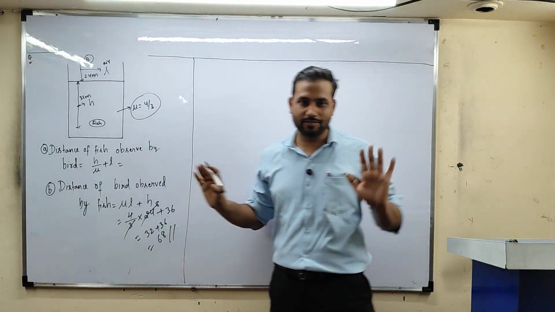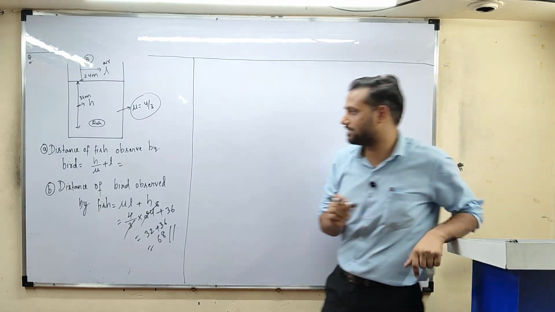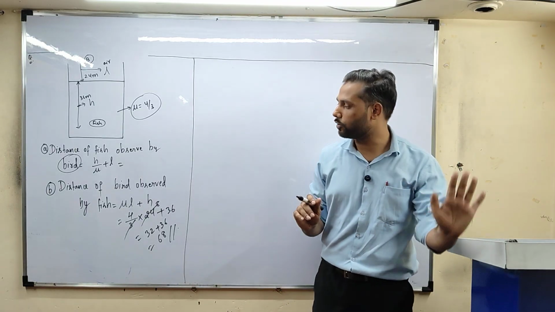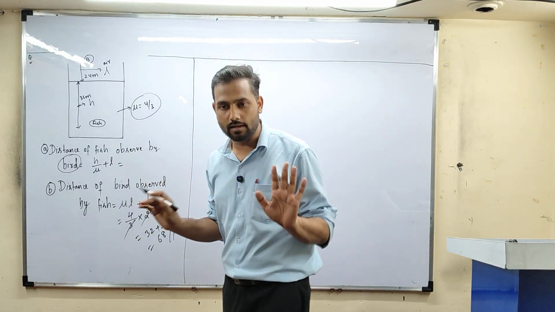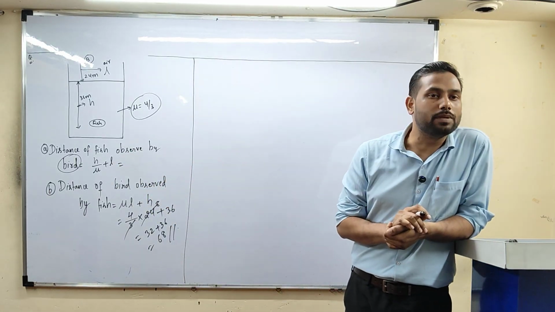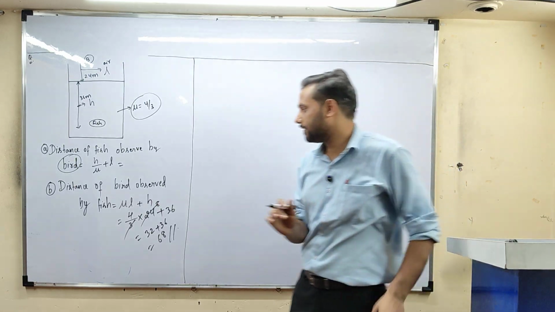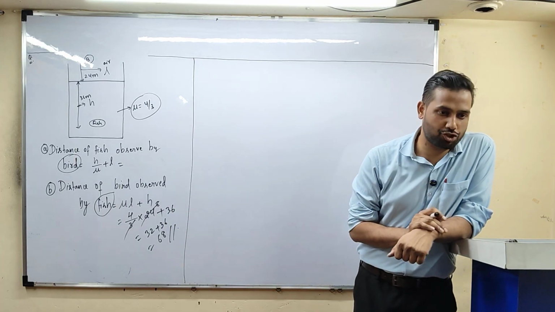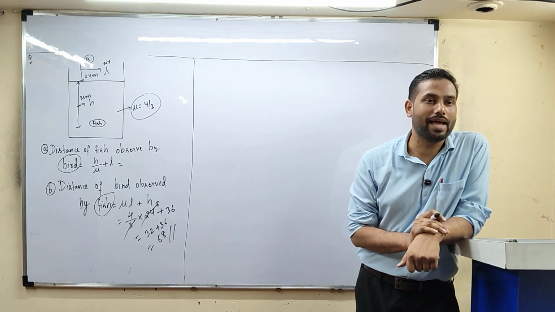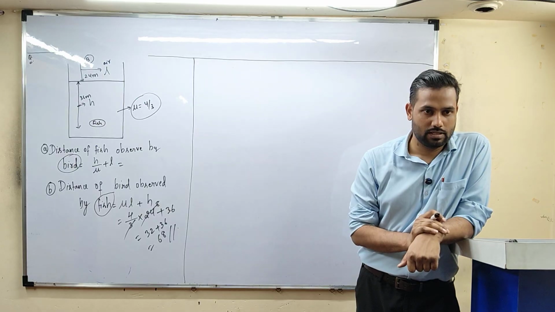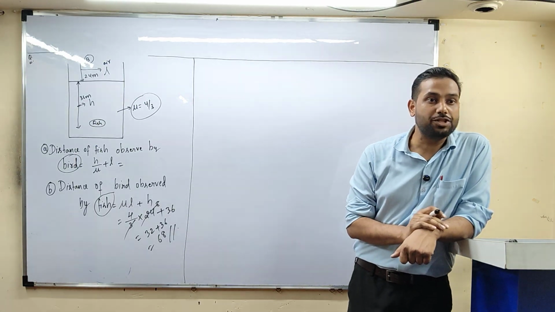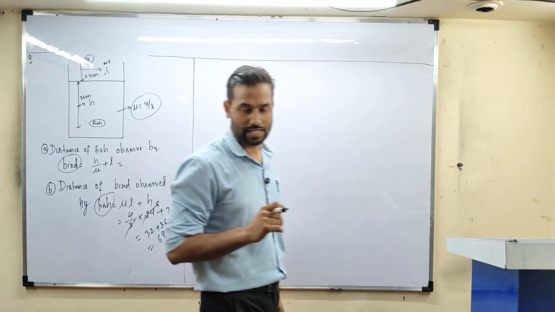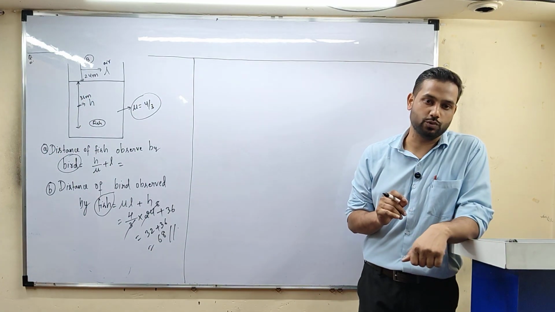Just remember that if the examiner is asking that the observer is bird, then the simple formula is h by mu plus L. What if the observer is fish? Mu L plus H. And you have to remember which one is the L and which one is the H. If not, you will get confused.